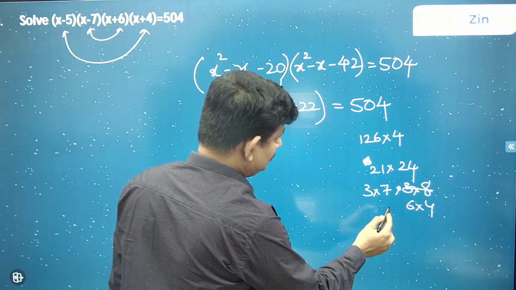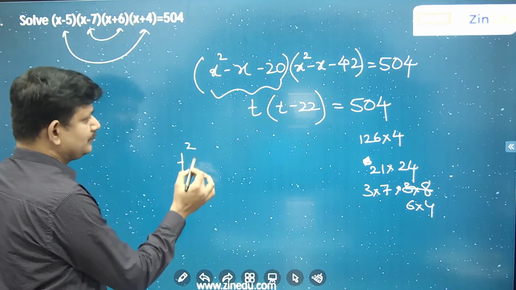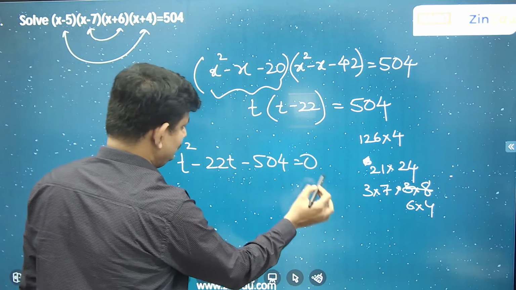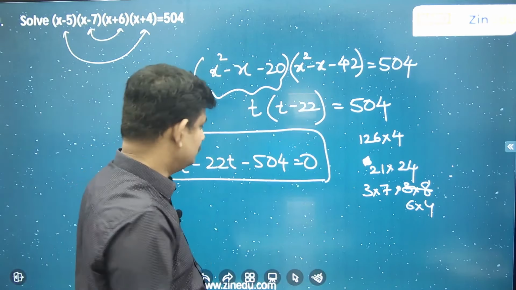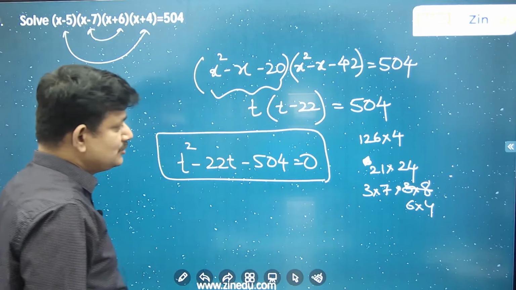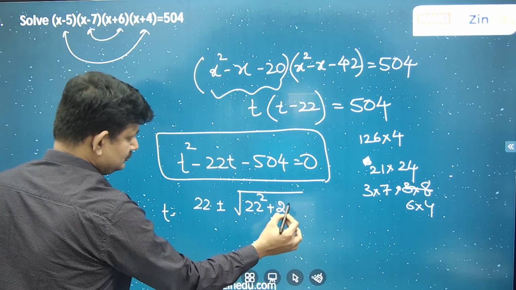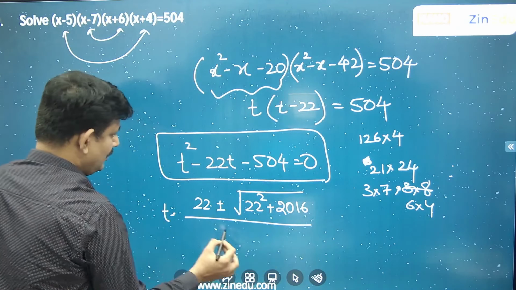So directly solve it. t square minus 22t minus 504 is equal to 0. Look at numbers whose difference is 22, or use the formula t is equal to 22 plus or minus root over b square minus 4ac, by 2a.